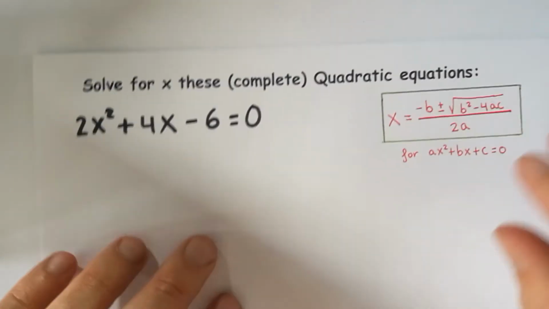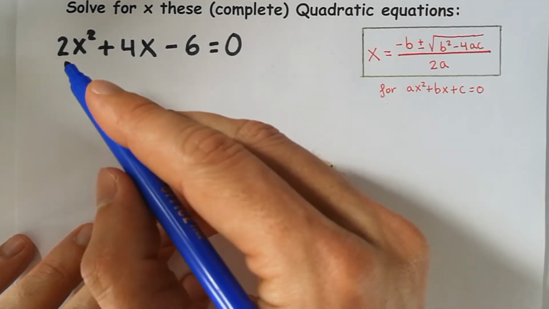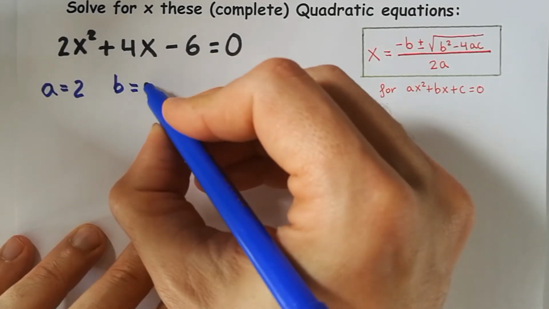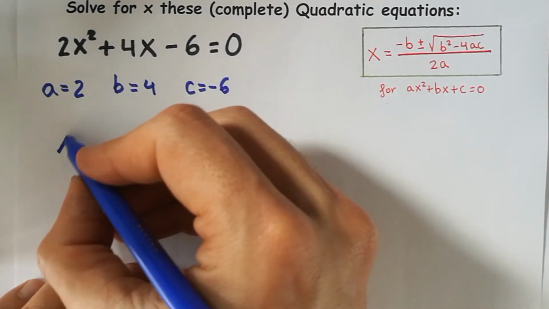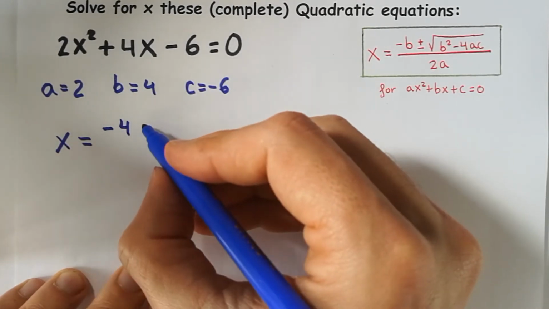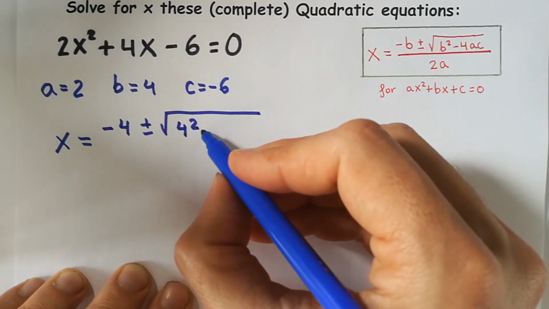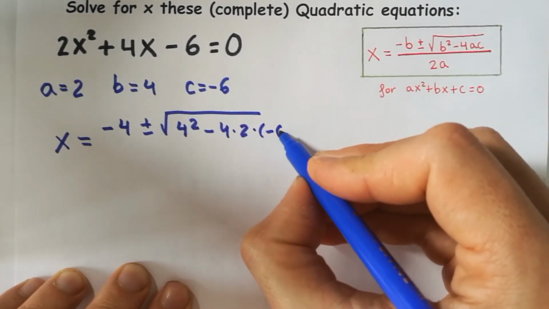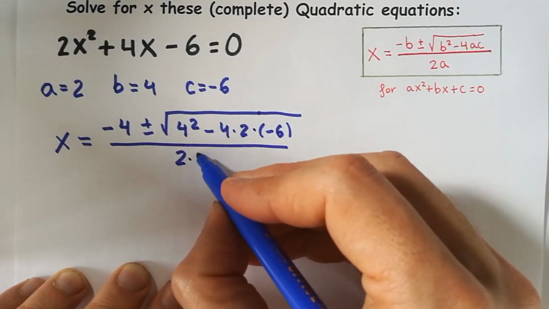Let's go for another case. Now we have a, whose value is 2, the value of b is 4, and the value of c is minus 6. If we use the formula, minus b is minus 4, plus minus the square root of 4 squared, it's b squared, minus 4 times a, that is 2, and minus 6 between brackets, over 2 times a.